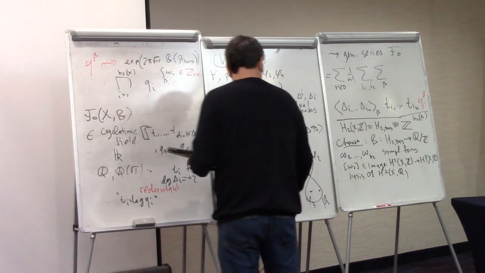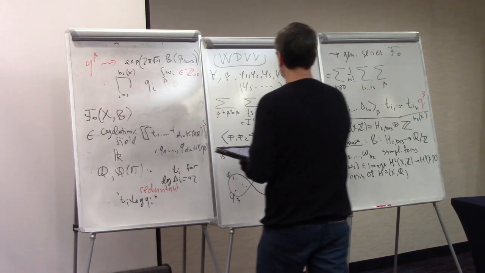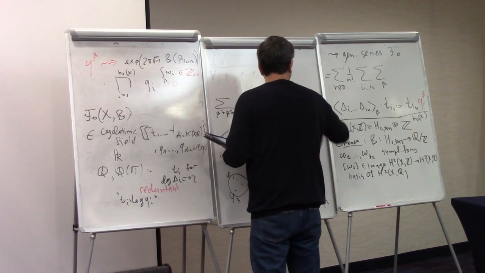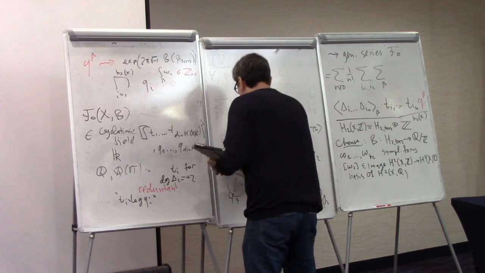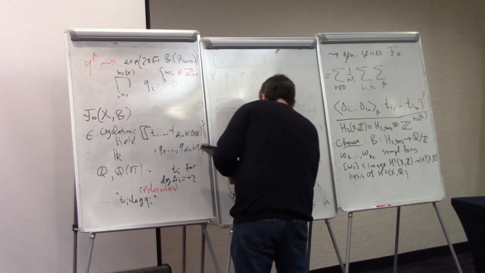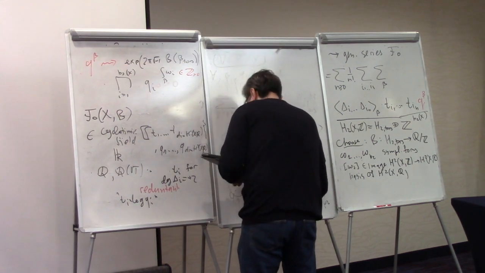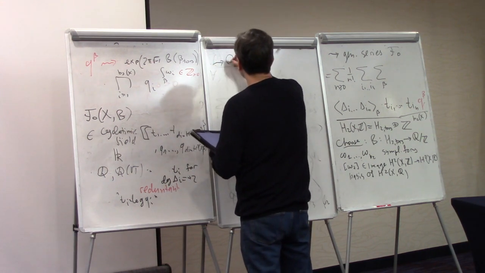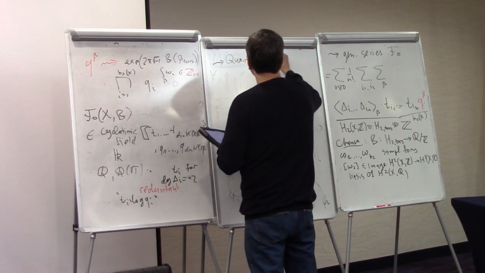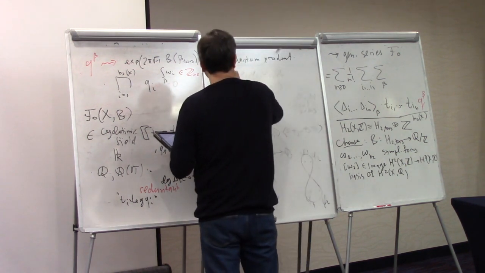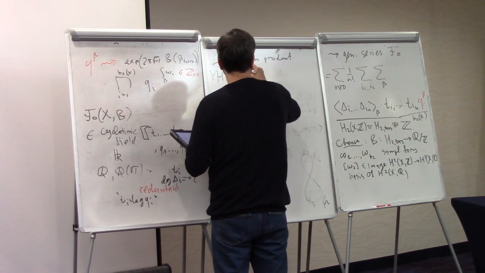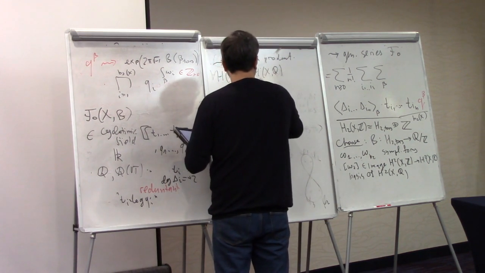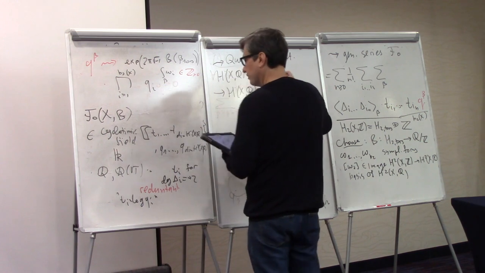One can get a quantum product. It is a map from cohomology of X with rational coefficients, cohomology of X with rational coefficients, to cohomology of X with rational coefficients, and multiplied by this series in the cyclotomic field.